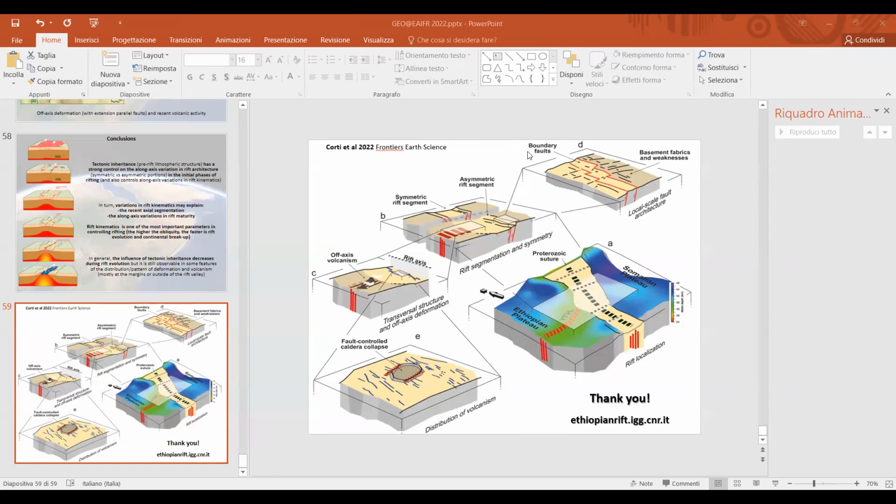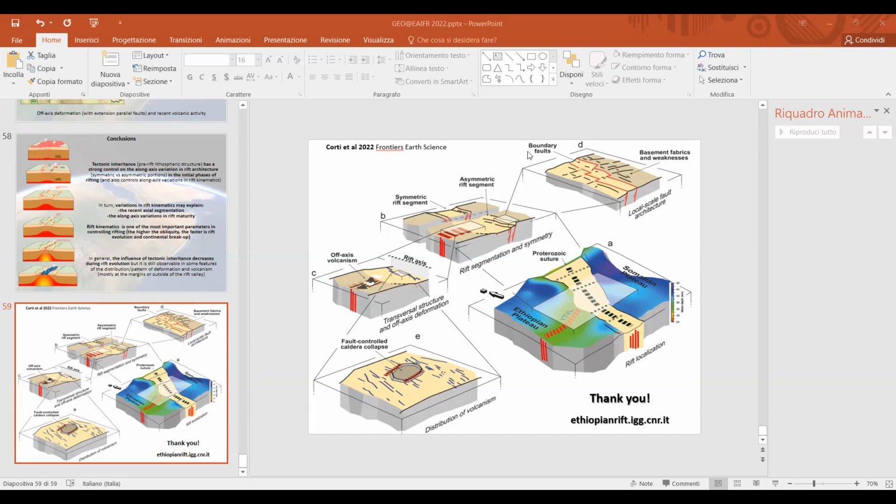Of course, the picture is not always so clear, because we have seismicity related to volcanic complexes like the large calderas in the central part of the Main Ethiopian Rift, like Corbetti or other calderas.